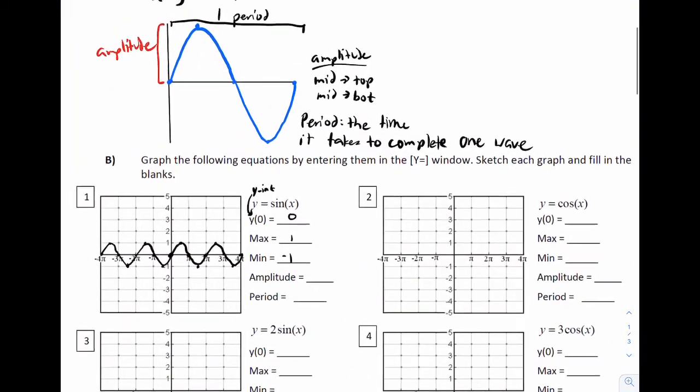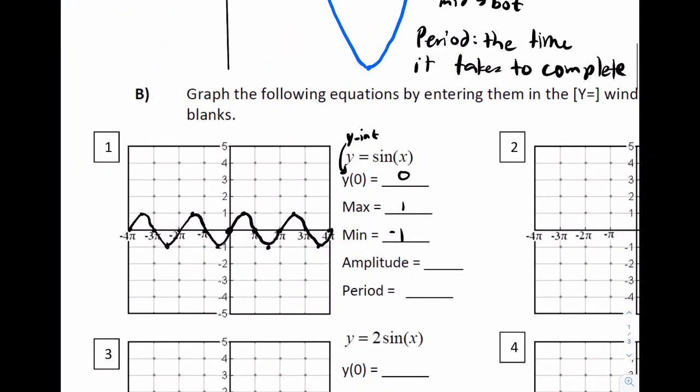If you look at our original sine wave we graphed here, I'm going to highlight this part right here. You'll notice that this right here is one wave. The time, or the x values it takes to complete one wave, from here to here, is 1 period, that is 2 pi. So you're going to write 2 pi for the period, and for the amplitude, you can just look here to here, that is 1.